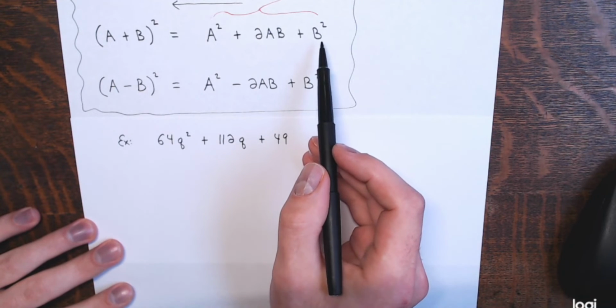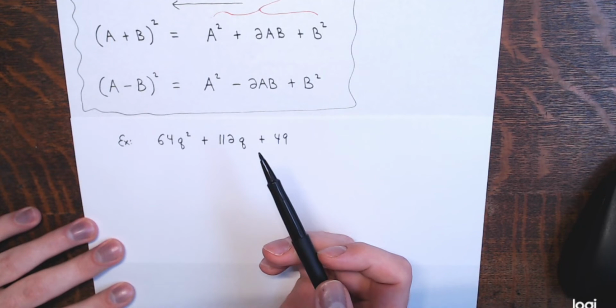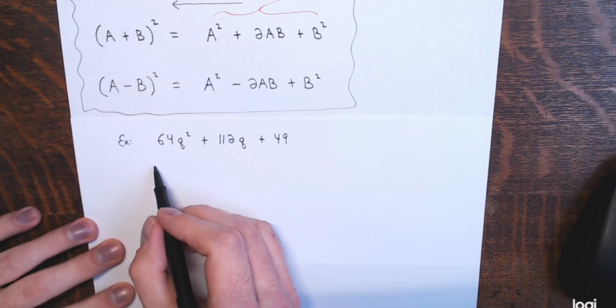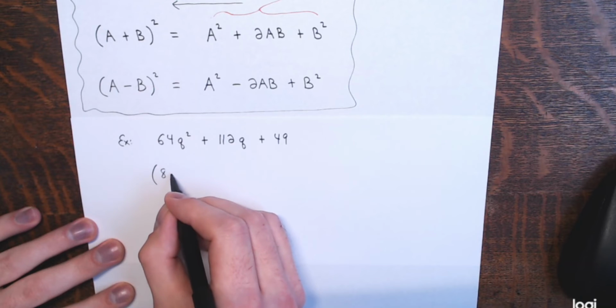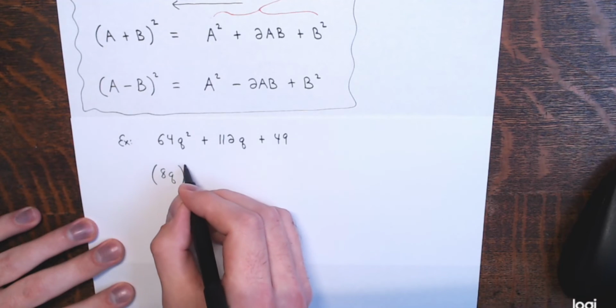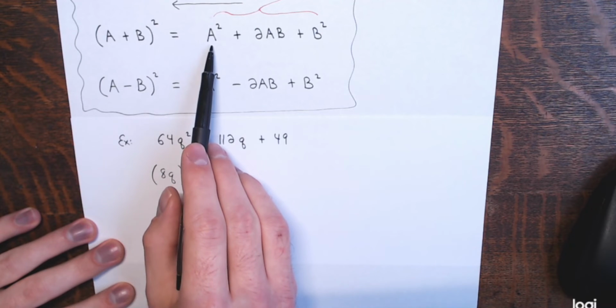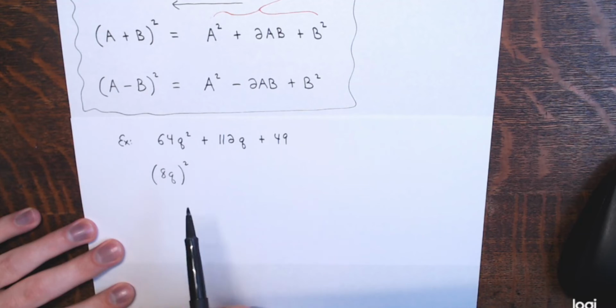You can't just say, oh, this is 3 terms, it's going to be one of these. That's not necessarily the case. 64q squared, that's a square. That's 8q to the second power. So the a here is like this 8q, right? It's a squared. The last term, right?